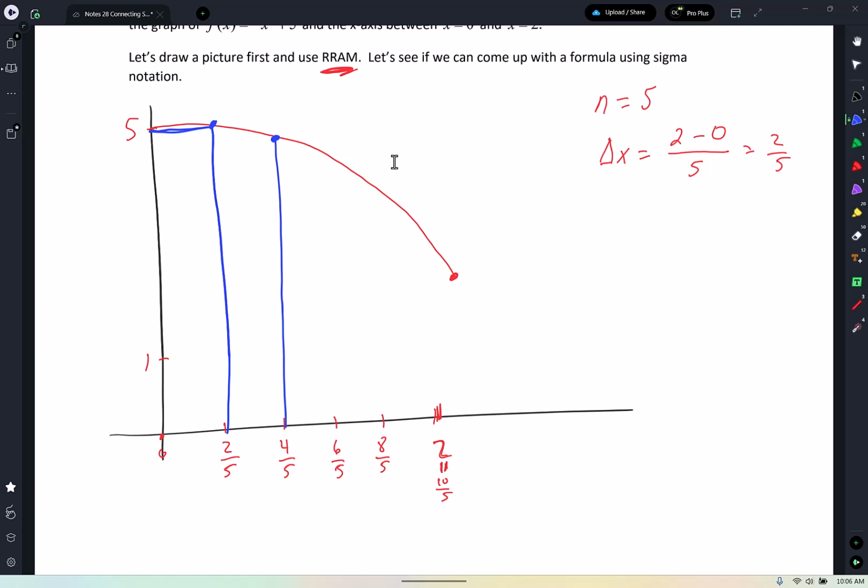Trying to draw the best I can. I suck at drawing. Here's my third, the fourth, and the fifth. It's not perfect, but that's fine.